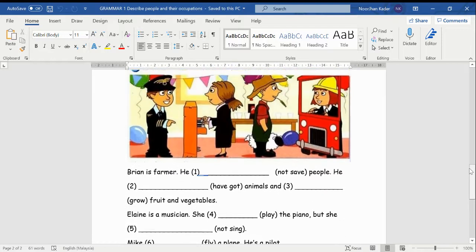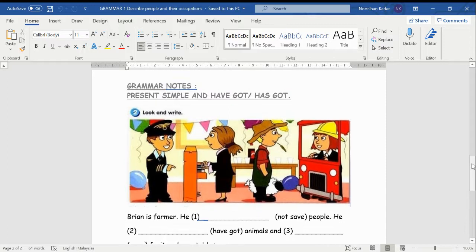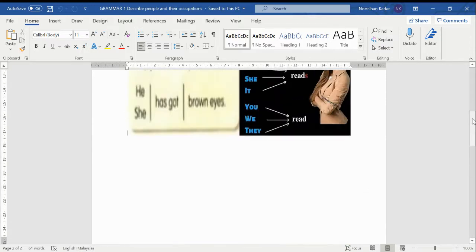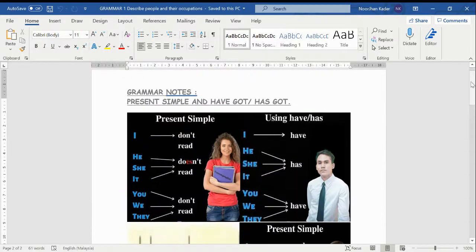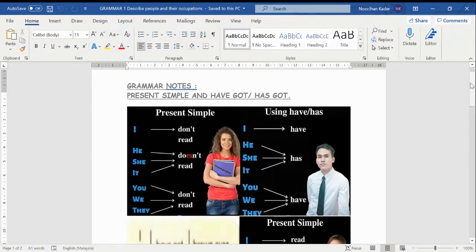To assist you to write these descriptions about four people and their occupations, I've already done some simple grammar notes for you to look at before starting to write.